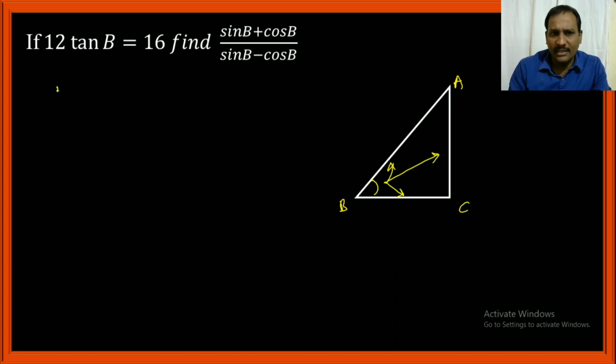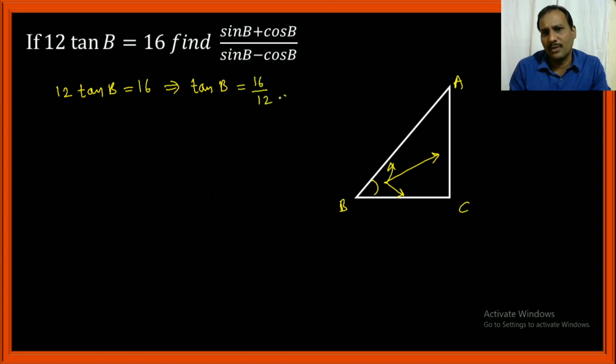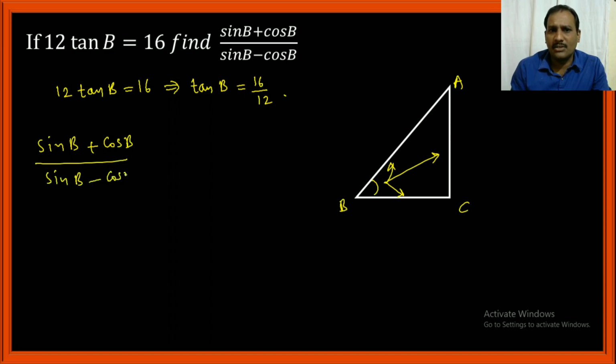What is given here? 12 tan b is equal to 16. That implies tan b is equal to 16 by 12. We have to find the value of sin b plus cos b by sin b minus cos b.